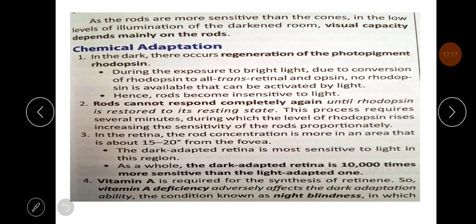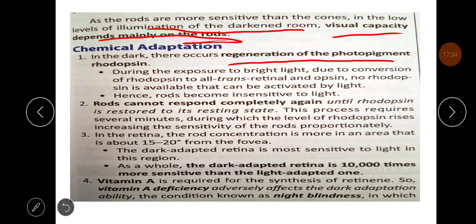As the rods are more sensitive than the cones, in the low levels of illumination of the darkened room, the visual capacity depends mainly on the rods. Chemical adaptation: in the dark, there occurs regeneration of the photopigment rhodopsin. During the exposure to the bright light, due to the conversion of rhodopsin into all trans retinal and opsin, no rhodopsin is available that can be activated by the light.